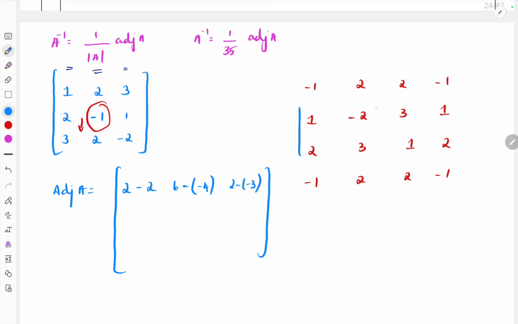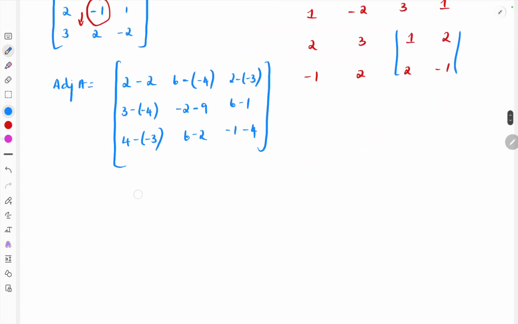Next, this determinant: 3 minus of minus 4. Next, this determinant: minus 2 minus 3 threes are 9. Next, this determinant: 3 twos are 6, 6 minus 1. After this, the determinant of this one: 2 twos are 4 minus of minus 3. Next, 3 twos are 6, 6 minus 2. At last, the determinant of this: 1 into minus 1 minus 4.